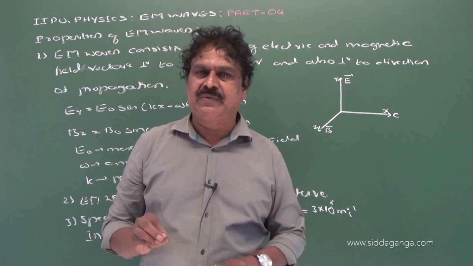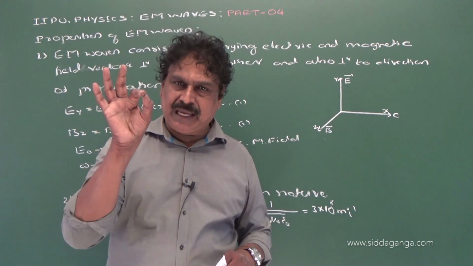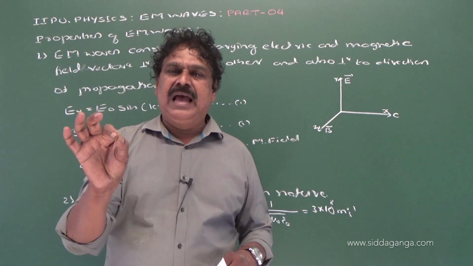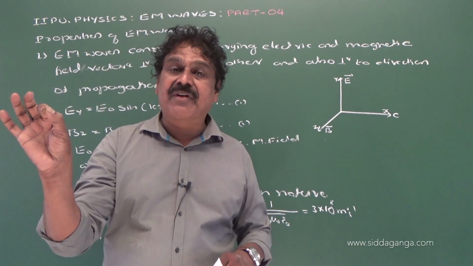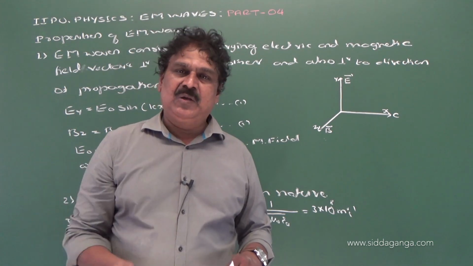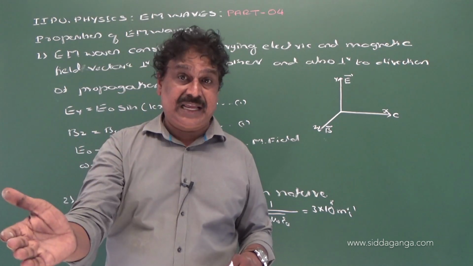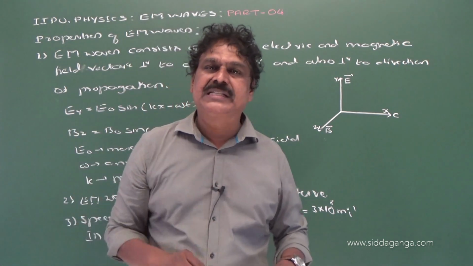The wave equation gives the magnitude of displacement of a particle at a distance x from the origin at any instant of time. So this is y of x and t. It is a function of both distance and time.